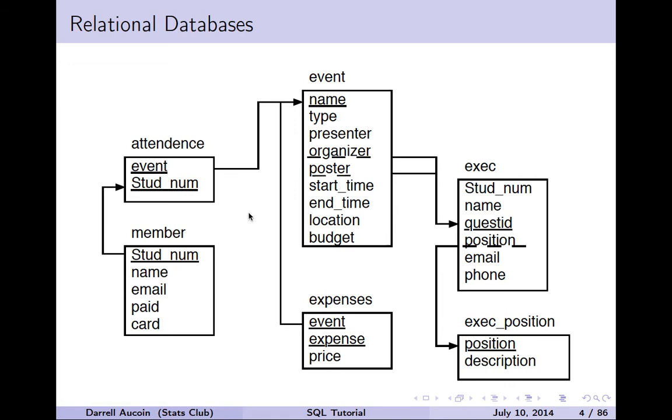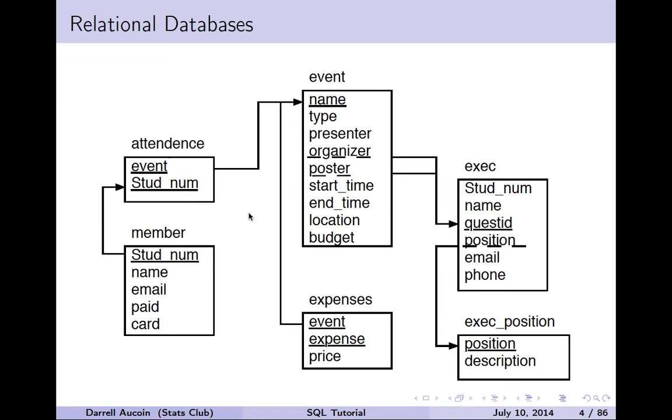To give you an idea of what a database looks like, I made this up for Stats Club. For instance, Stats Club here has members, which more of you should be. Members attend events, and so this is attendance for events, and each event has a type: social, educational, presenter.